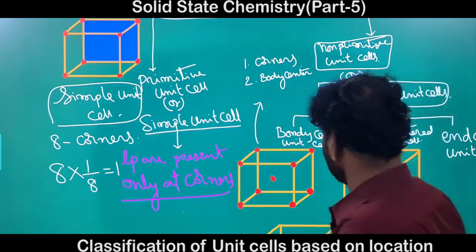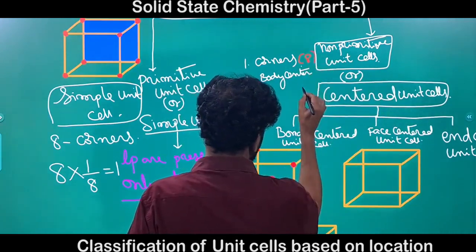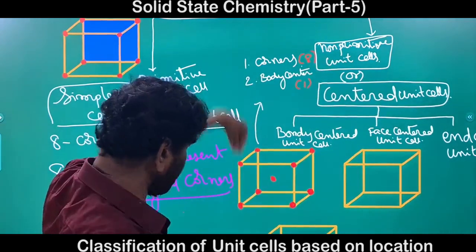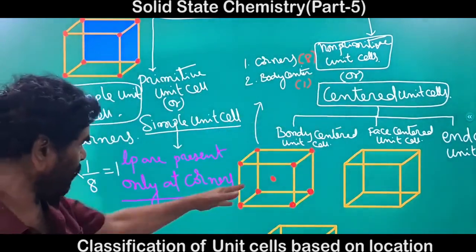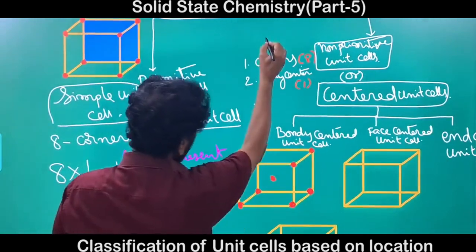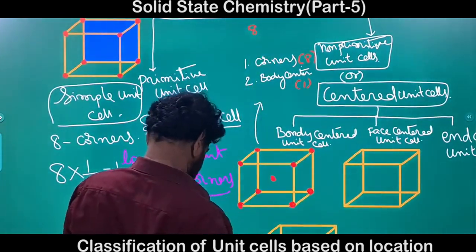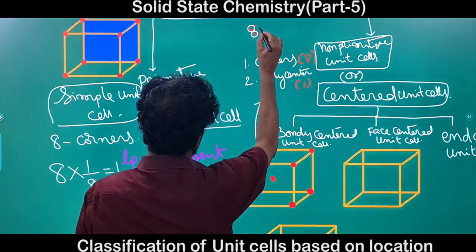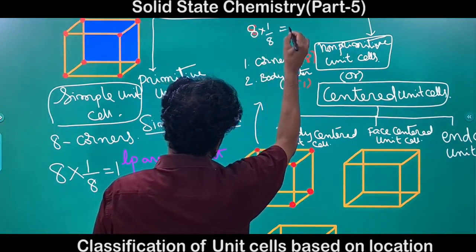So there are 8 corners, and each is only 1/8. The body center within the box is not contributing to any other cell; it belongs exclusively to this one. So 8 corners into 1/8 contribution is equal to 1.